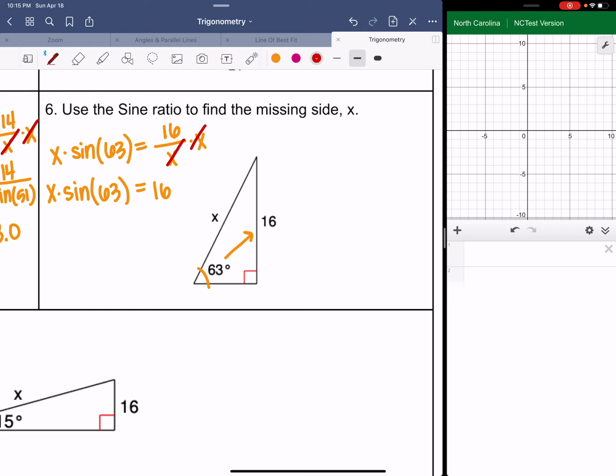And that leaves us with the last step, which is to divide by sine of 63. Now sine 63 over sine 63 is equal to 1. So we have x equals 16 over sine of 63.